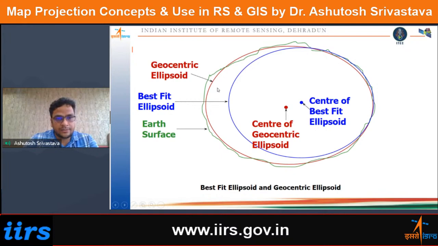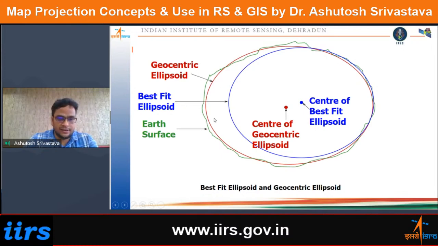The red one basically matches the Earth surface. The blue one is a best fit ellipsoid. Its center may be somewhere different from the center of the Earth, and it may be suitable for this right side region, but it may not be suitable for the red side region.